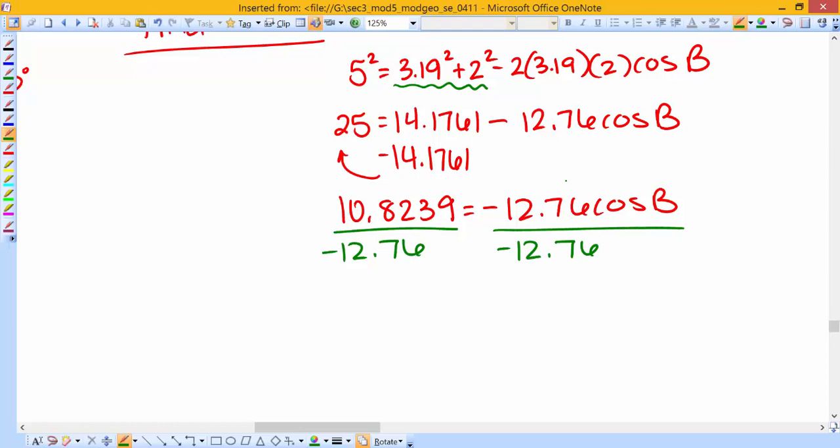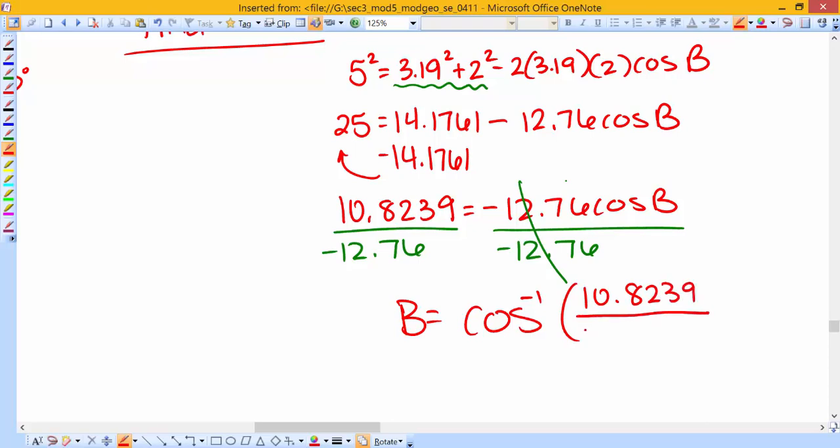I'm going to leave that fraction. This cancels. Now, I'm looking for the angle measure, which means I'm going to use inverse. So I'm going to show a little bit less work on this one. So my B is going to equal cosine inverse 10.8239 divided by negative 12.76.